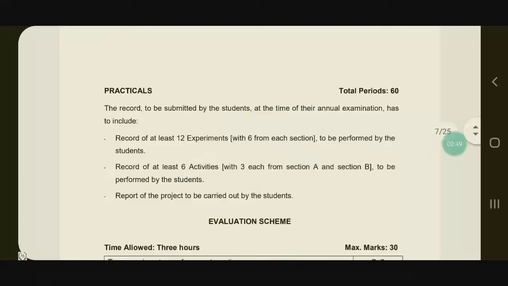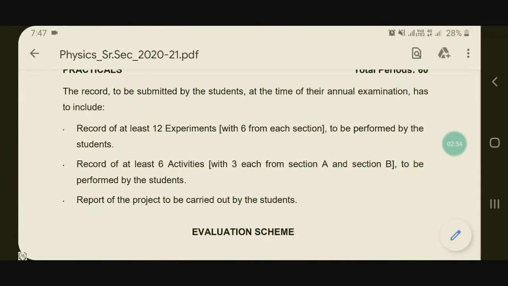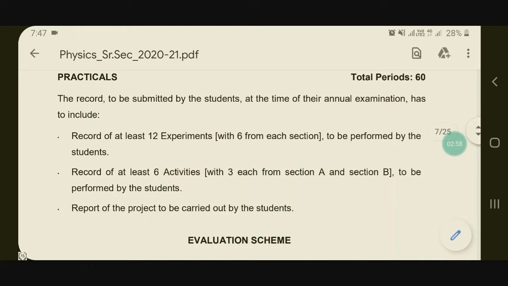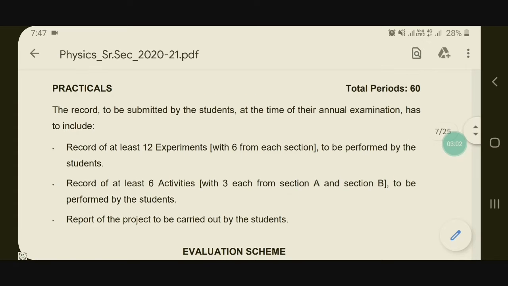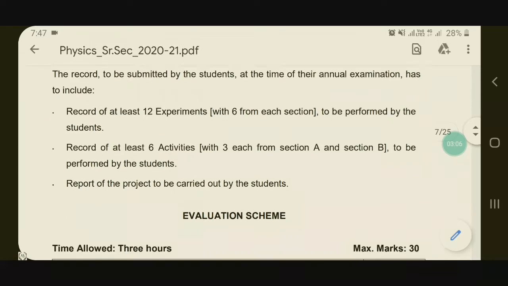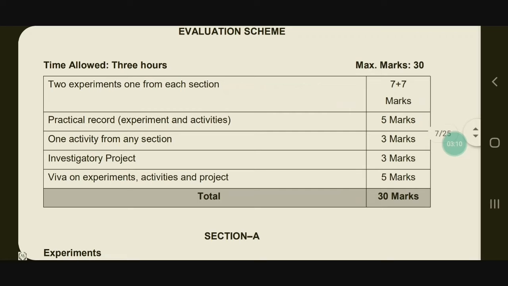This is the practical syllabus, in which you record at least 12 experiments. There are 12 compulsory experiments for 11th students, 6 from each section, that is section A and section B.